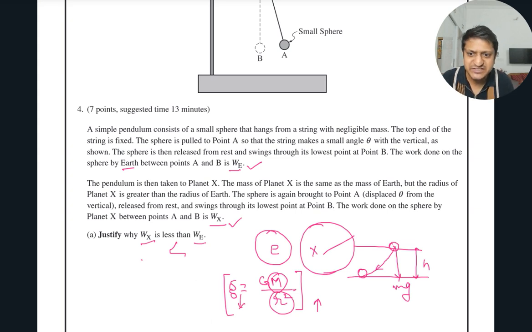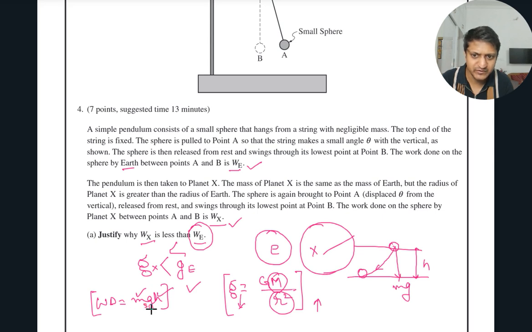If gx is lower than ge, the work done will be greater for We, because work done is mgh, and the height is the same, the mass is the same.